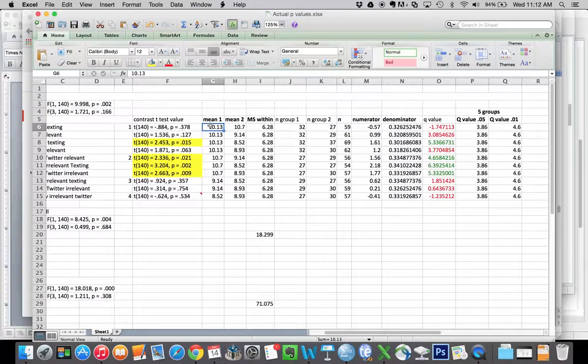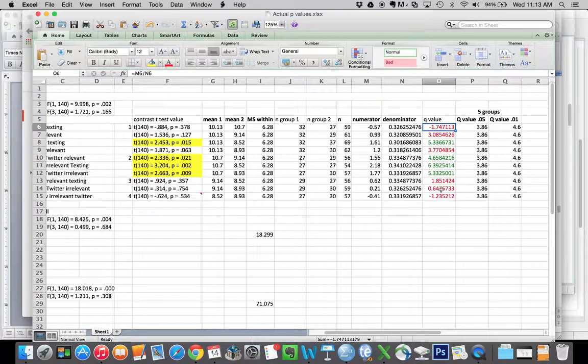Numerator position, mean of group 1 minus mean of group 2, is calculated here. Denominator position, square root of mean squared within, I pulled that from the linear ANOVA, and then divided that by the n that we're using. So that computes this critical Q value.